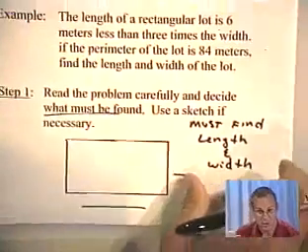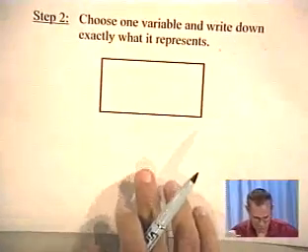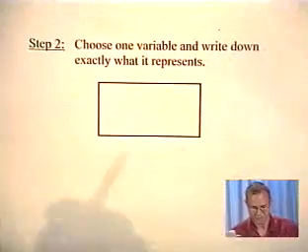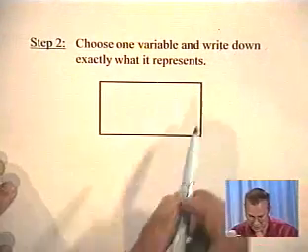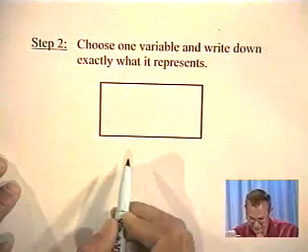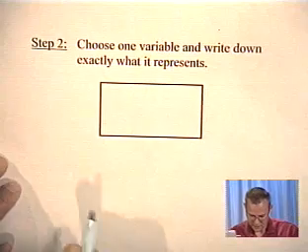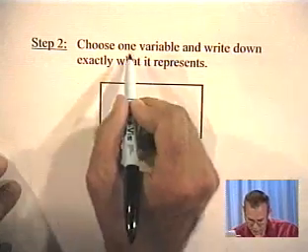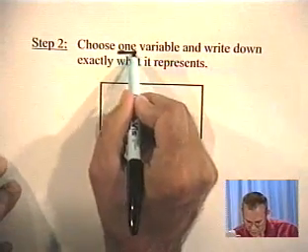I'll go to step 2. Now again, you may want to rewind and go back to those steps. I know that I need to find the length and the width. Step 2 says choose a variable. And this is the important word here.